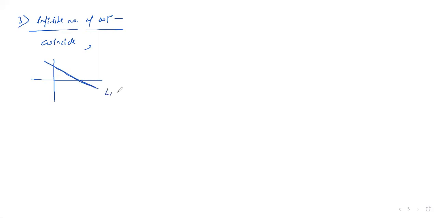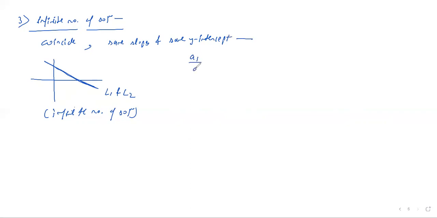In this case we have an infinite number of solutions when the lines coincide, and you can see that if the two lines coincide, they have the same slopes and the same y-intercept. In that case the condition is a1 upon a2 is equal to b1 upon b2, and that is equal to c1 upon c2.